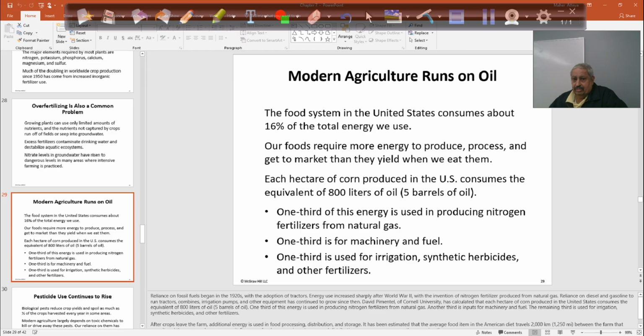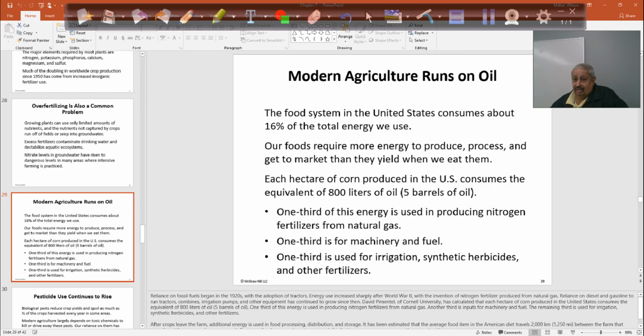So our food requires more energy to produce, process, and get into the market than it yields when we eat it. Each hectare of corn produced in the U.S. consumes the equivalent of 800 liters of oil. So you can tell that's about 5 barrels of crude oil.